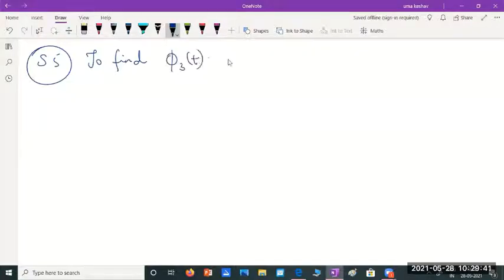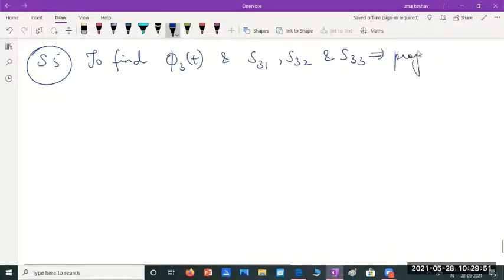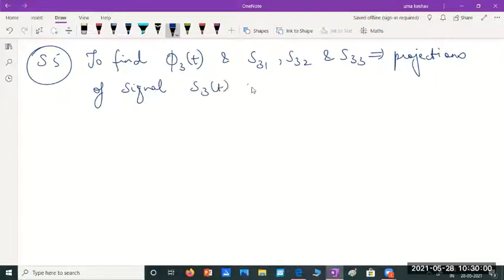Phi3 of t. And before that, we have to find S31, S32 and S33, which correspond to projections of signal S3 of t over phi1 of t, phi2 of t and phi3 of t.